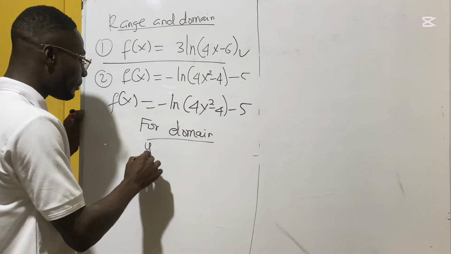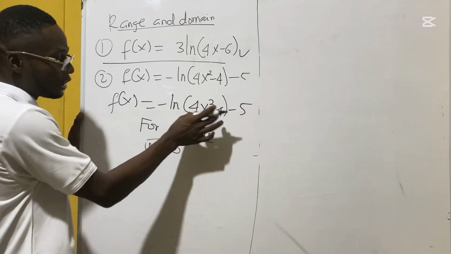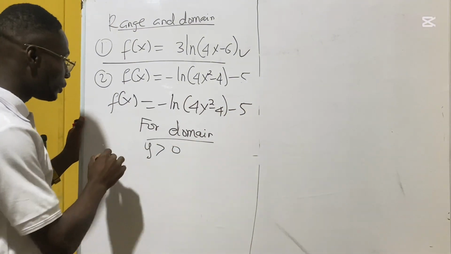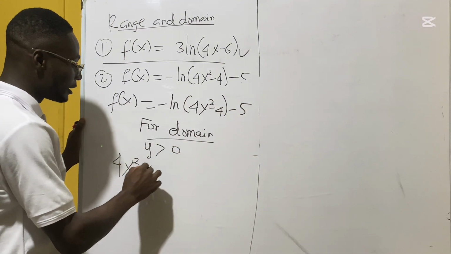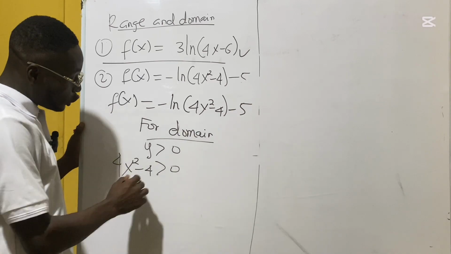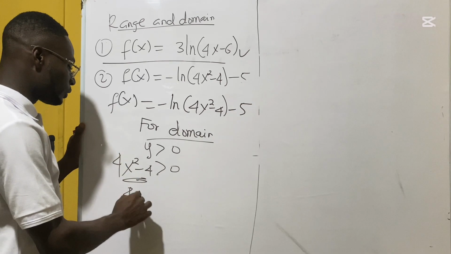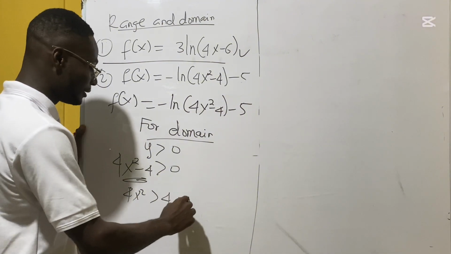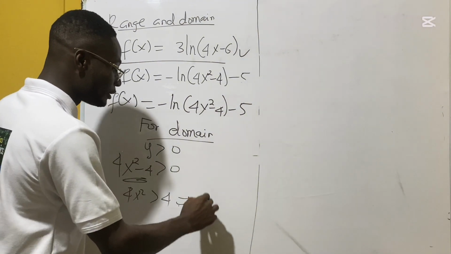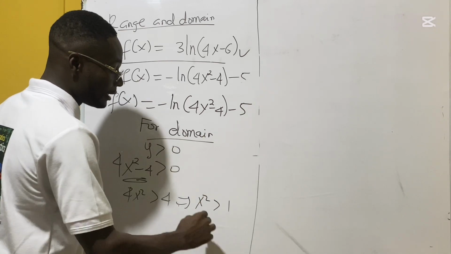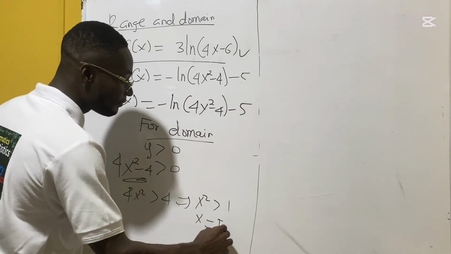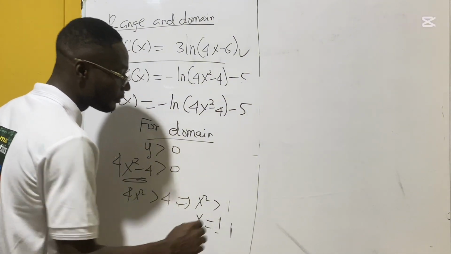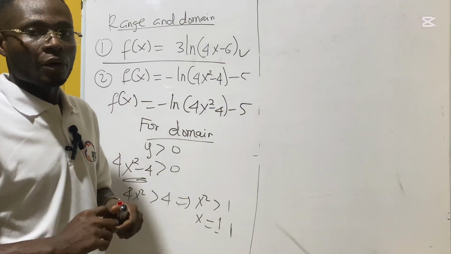We take this expression in the ln, 4x squared minus 4, and that should be greater than 0. So 4x squared should be greater than 4, and that implies that x squared is greater than 1. So we take any number apart from plus or minus 1.